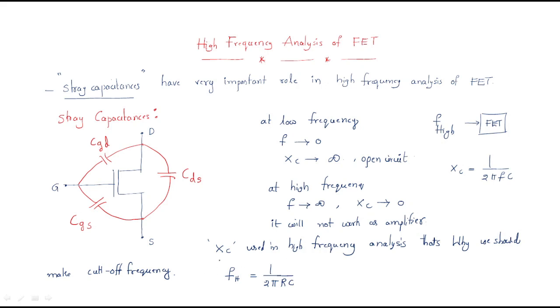For this particular frequency, 1 by 2 pi RC, it will operate. After this frequency it will not operate. So we should maintain up to this frequency. This is the last point of the frequency.